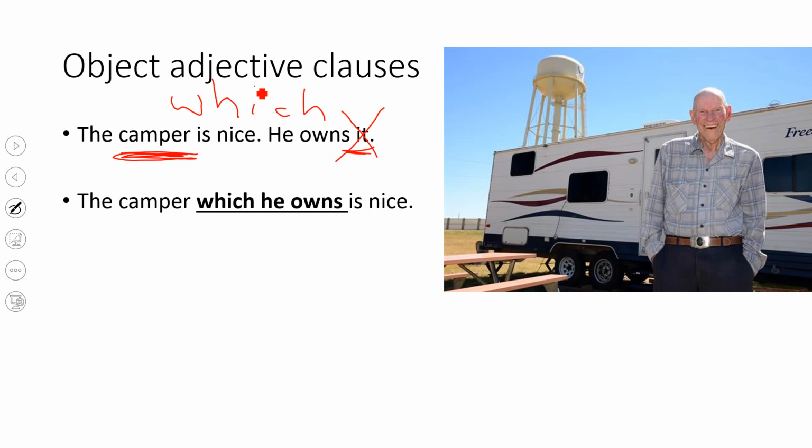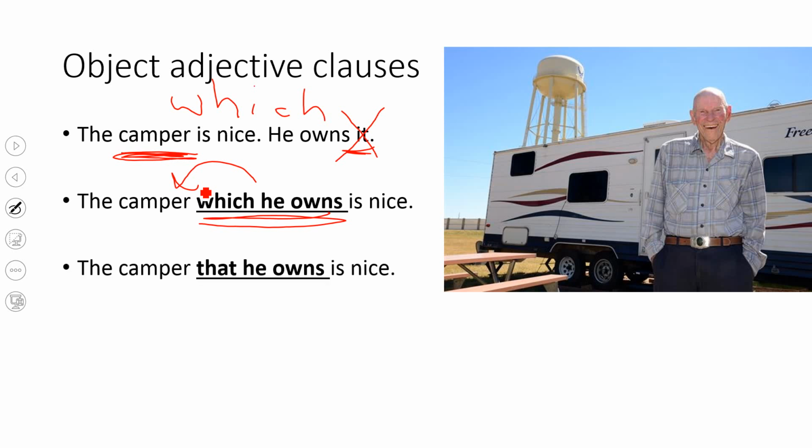The camper which he owns is nice. I need to put the adjective clause right next to the noun that it's describing. The camper that he owns is nice. The camper he owns is nice. All three of those are correct.